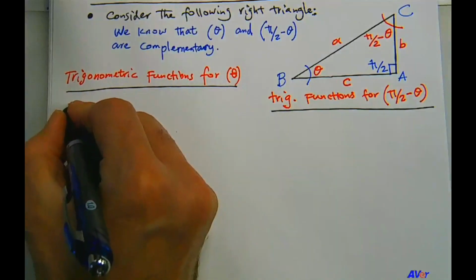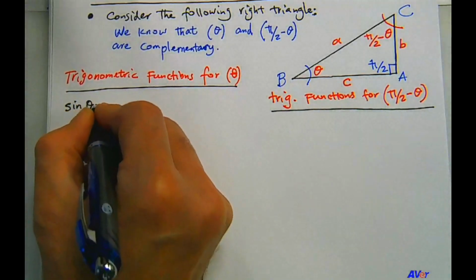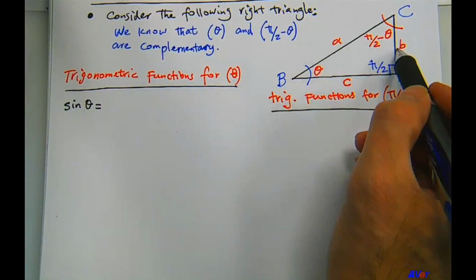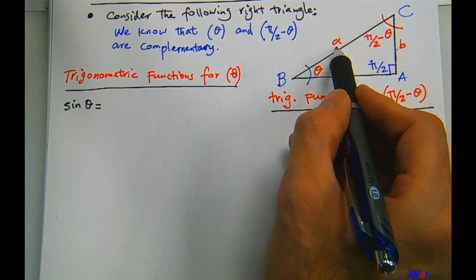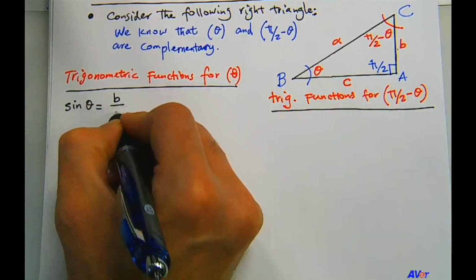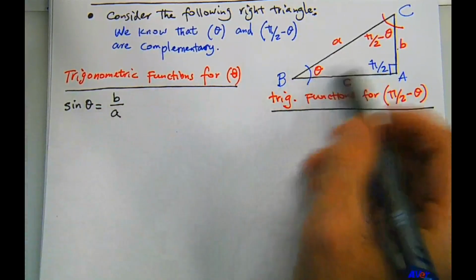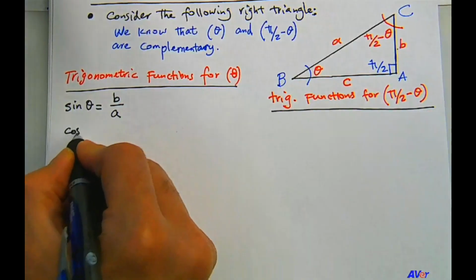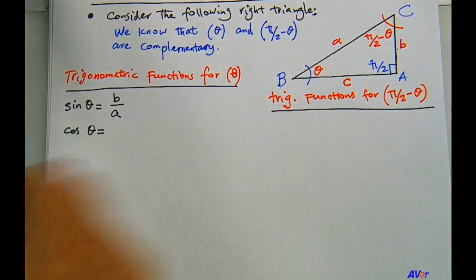Sine of theta, sine of this angle, is equal to the opposite side divided by the hypotenuse, right? So that'll be b over a. So let's do the same thing for cosine of theta.